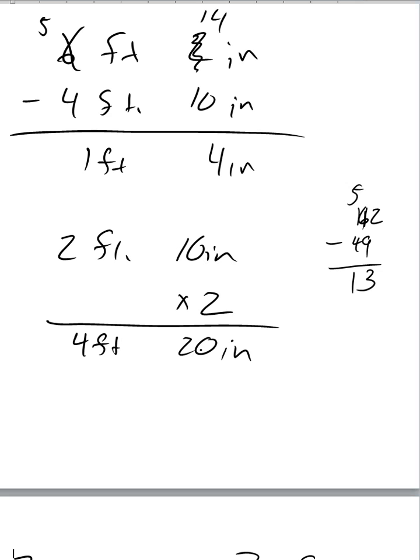You didn't carry before, but you know that there's 12 inches in a foot. So if I subtract 12 inches out of here, I get 8 inches, and then I have to add 1 foot over here. So I have 5 foot 8 inches of pipe. That works good that way.